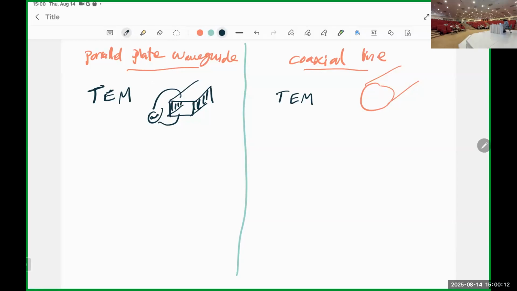For this type of one-conductor transmission line, we can no longer start from 0. We have to have a cutoff. And the first mode is not TEM. We're going to have either TE or TM.